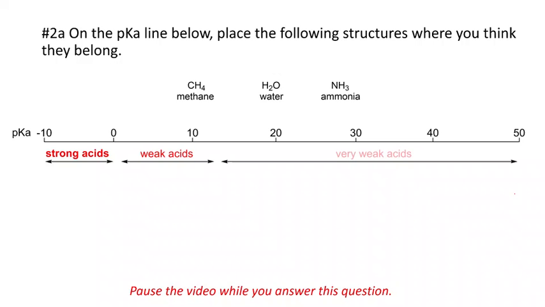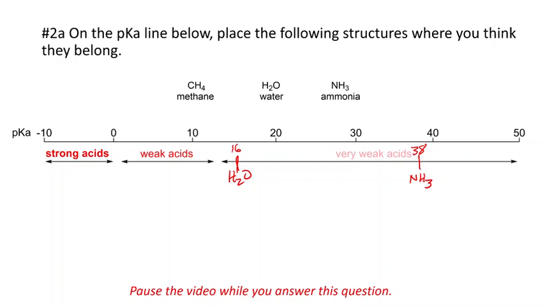Okay, we're back. Well, let's start with water. I bet you know pretty much what the pKa of water is. It's 16. Ammonia is about 38. A very weak acid. We're not talking about putting an H on ammonia, like you might have done last year with general chemistry, thinking of ammonia as a base.